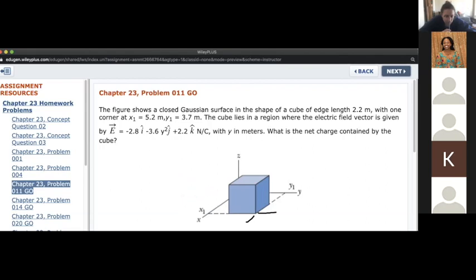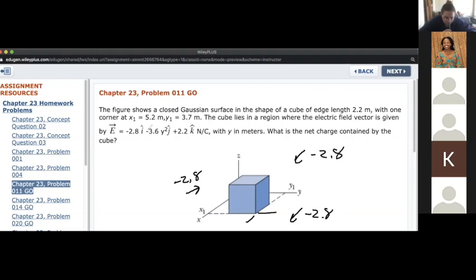So no matter where we are on the x-axis, our electric field is always negative 2.8. It doesn't matter how our x position changes. So over here, it's negative 2.8. Way back over here, it's always negative 2.8.